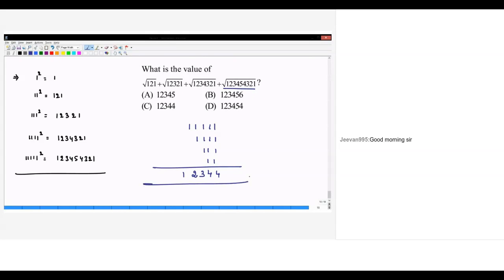So the answer is 1, 2, 3, 4, 4, but not 1, 2, 3, 4, 5, because it's not started with 1. Right?